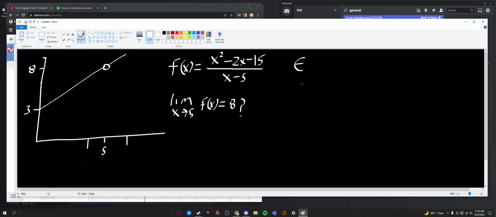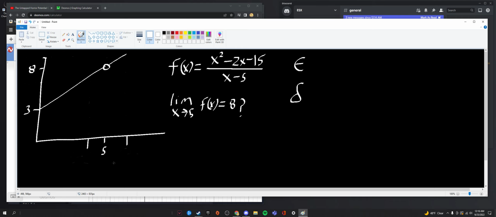Next up, we have delta. What is a delta? Well, it looks kind of like that. And a delta, in this case, is a range around the point that actually makes your function undefined. So in this case, that's 5, right?